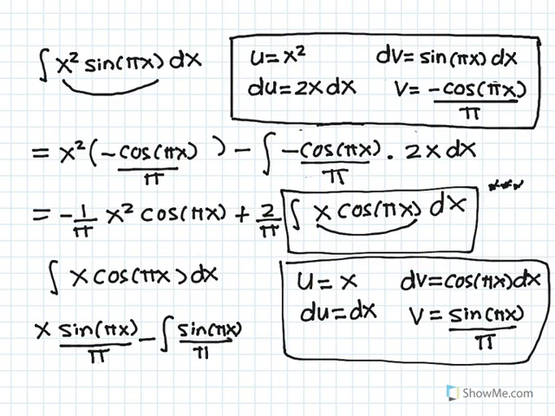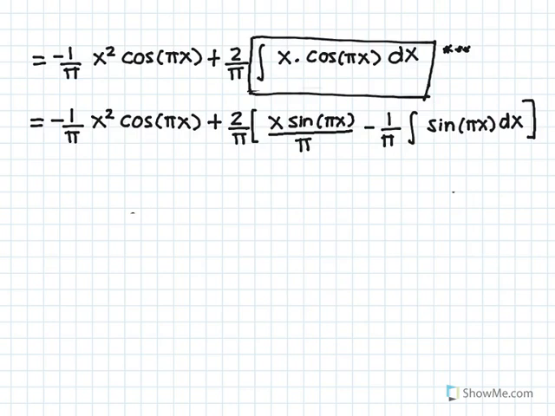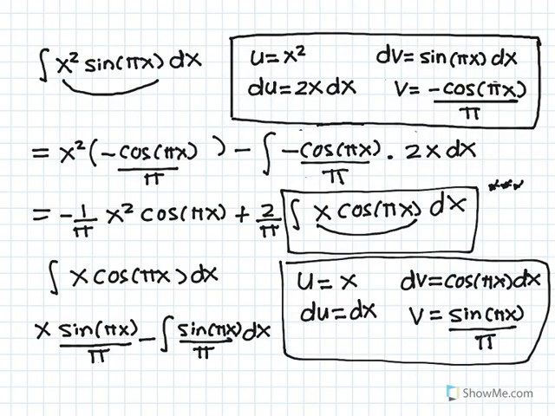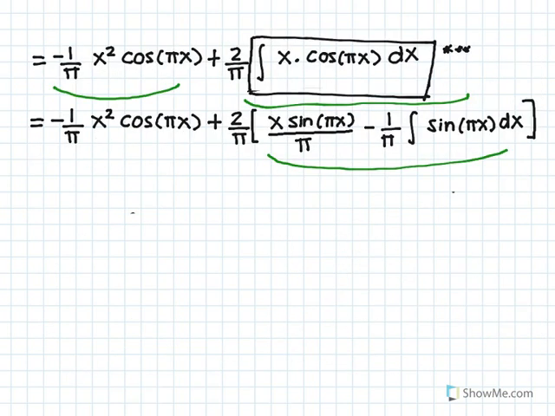over pi dx. All right, let's organize everything so we know what we're looking at. We have negative 1 over pi x squared cos of pi x plus 2 over pi integral of x cos of pi x dx. And we integrated this to get this result here. That's what we did on the last page. You can see how we did that in this step. All right, so it remains to integrate sine of pi x.